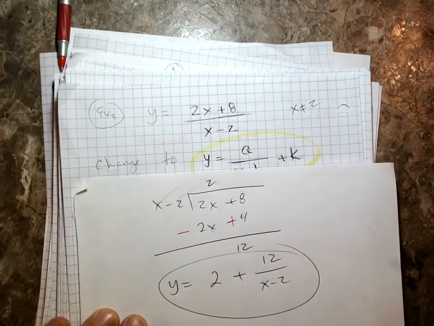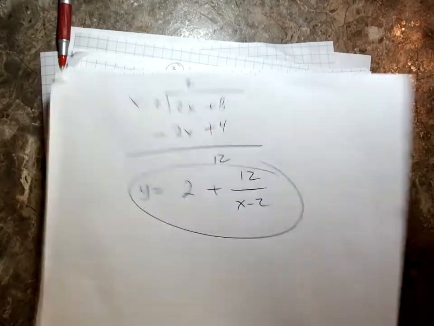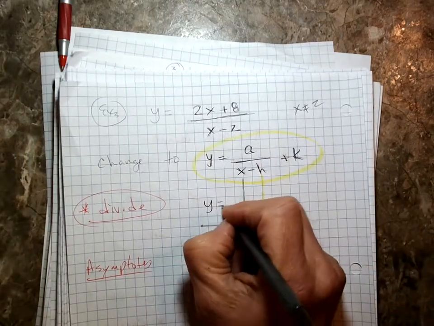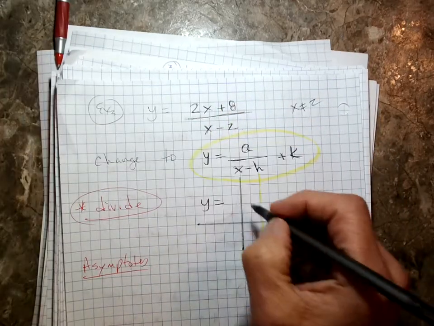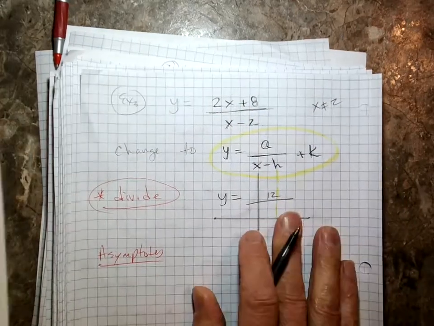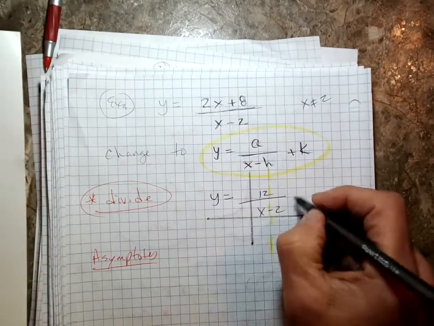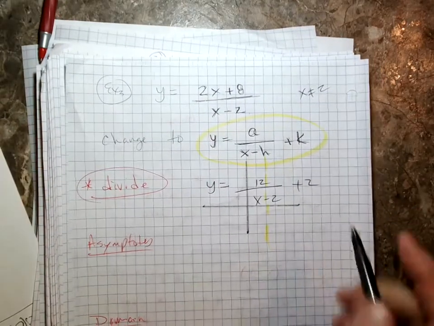Okay, I'm going to put that down. So this has the same form as this. So let's rewrite this. So we have really y equals, same graph, but just in a different form. We'll go 12 over x minus 2 plus 2, okay?